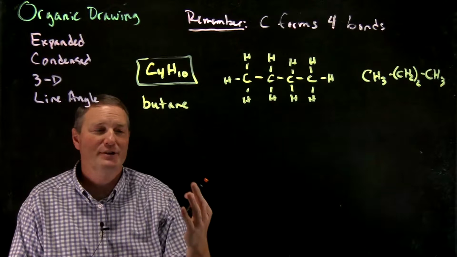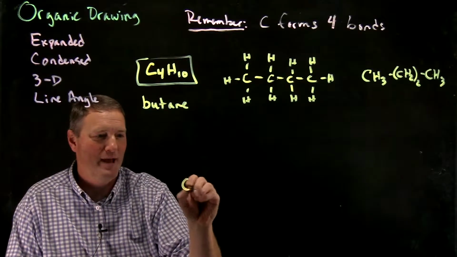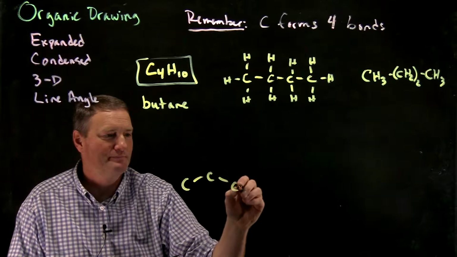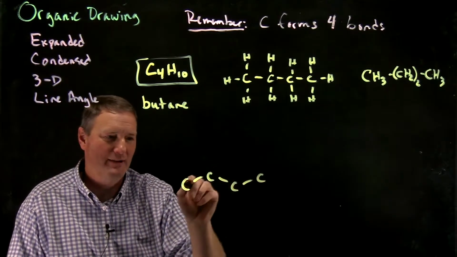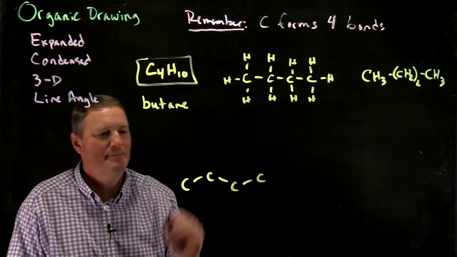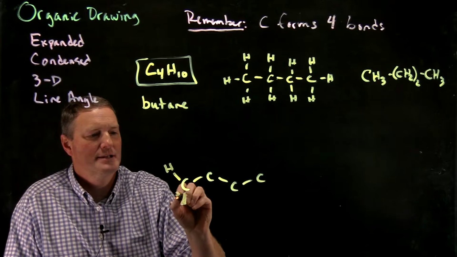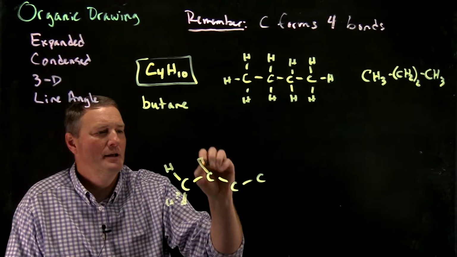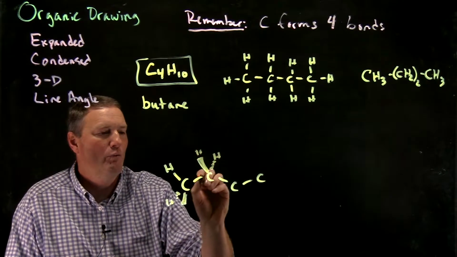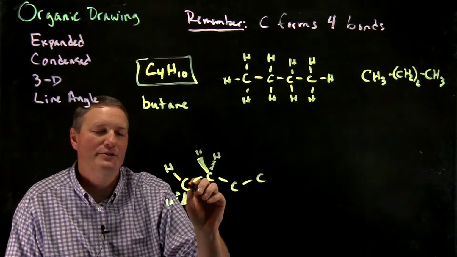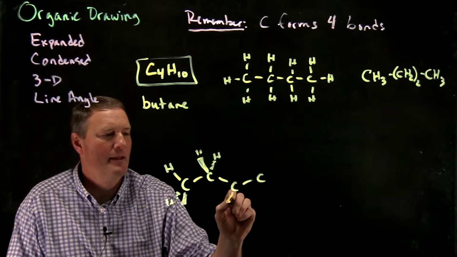Three-dimensional. Now you can definitely tell, if I have to draw all these carbons in a three-dimensional format, it becomes much more difficult. One way to approach this is to have a sawhorse kind of look to your initial chain, and then add in your dashes and wedges. Again, each carbon is going to have one dash, one wedge, and then 2 lines coming off of each carbon that are going to be in the plane, which we just represent by a regular straight line.